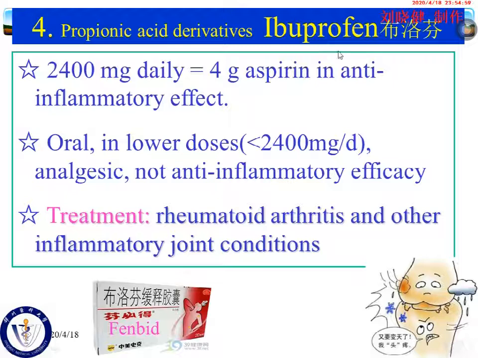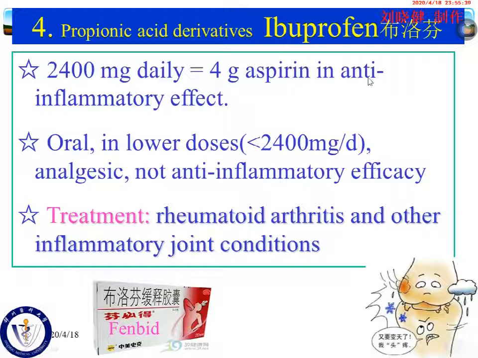Ibuprofen. This drug is also available over the counter and widely used in our daily life. It is one of the propionic acid derivatives. In a day, 2,400 mg of ibuprofen has a similar anti-inflammatory effect as 4 grams of aspirin.